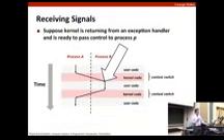Okay, now let's look at how a process receives signals. Now suppose process A is running along, executing its user code, and then control passes into the kernel because of some exception. That exception can be a timer going off, maybe an interrupt, or it can be a trap, where the user calls a system call.